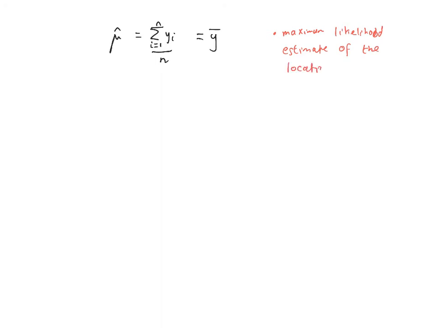So I'm just going to conclude there this first part, that the value mu hat, which is the sample mean of the observed data, which sometimes is written as y bar, that is the maximum likelihood estimate of the location parameter mu of a normal mu sigma squared distribution.